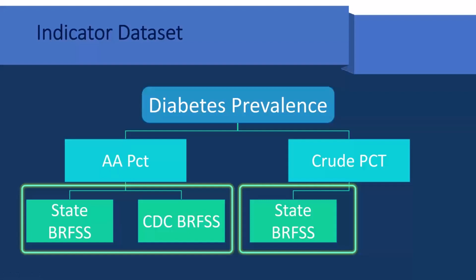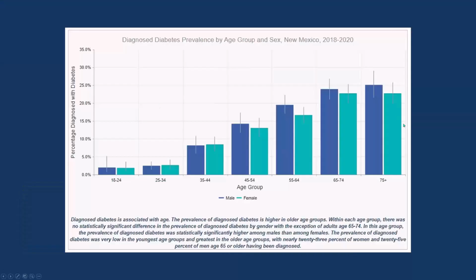It turns out, not for this view, but for this indicator, we have a view that is going to use age and sex as a view. So for this diabetes prevalence indicator, we do need a third data set, but we don't have a US comparison, so we don't need a fourth data set.